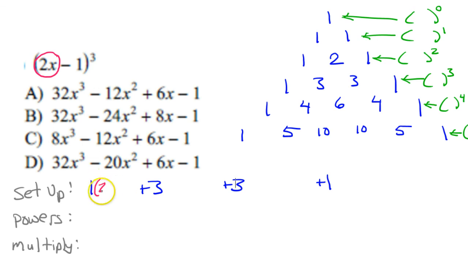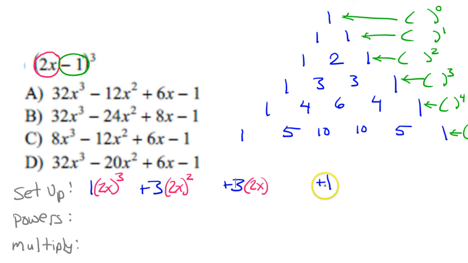So it's 2x. I'm going to start off with the power I have. So 2x to the third power. And then I will decrease: 2x squared, and then 2x to the 1 power, and then the 0 power gives you nothing. Alright, next I'm going to move over to the other term of the binomial, which in this case is -1.